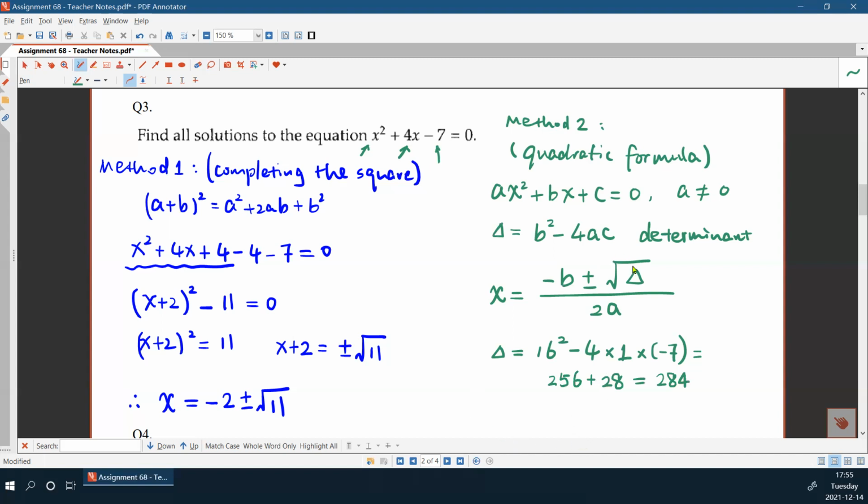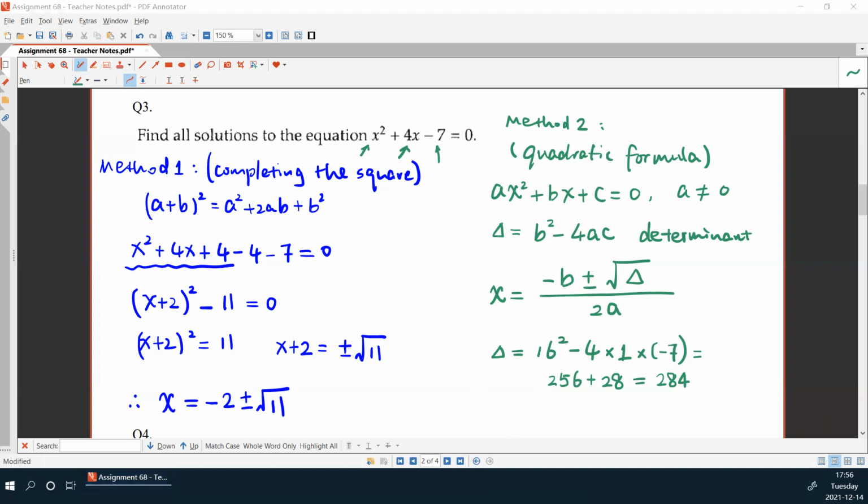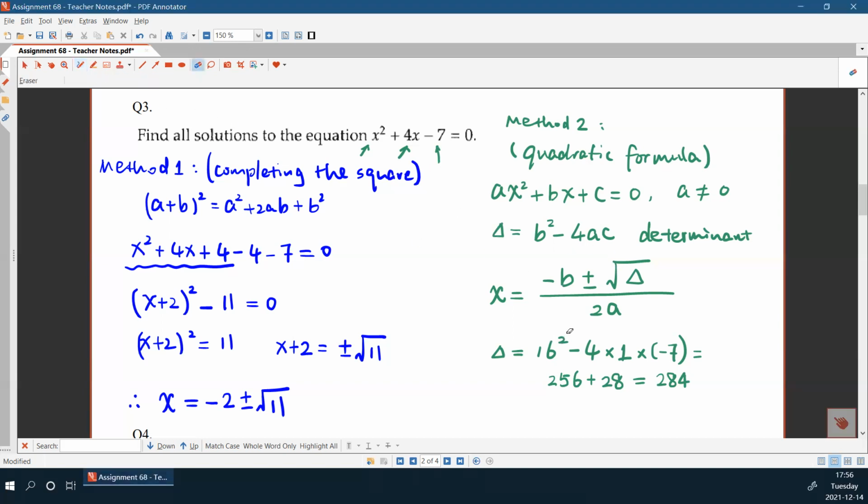Am I correct? 2a. Okay, let's calculate this. Oh, sorry, I made a mistake here. This is not 16 squared.